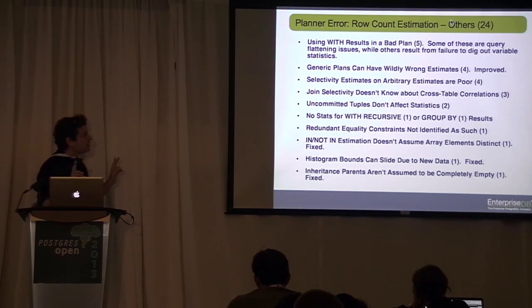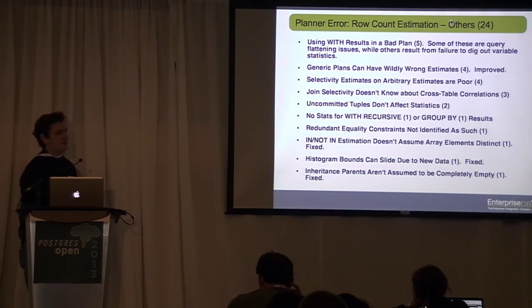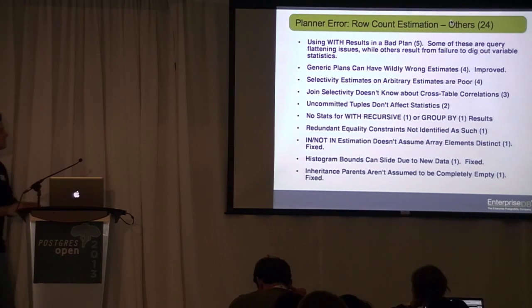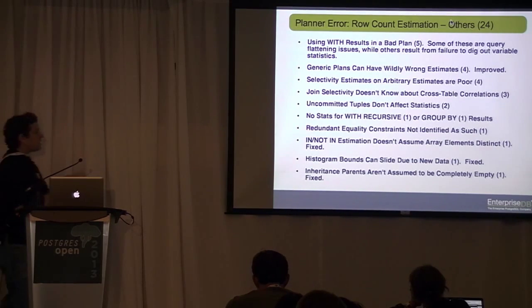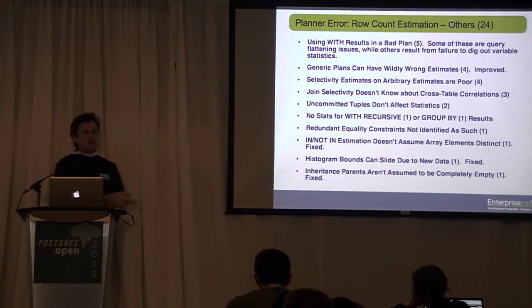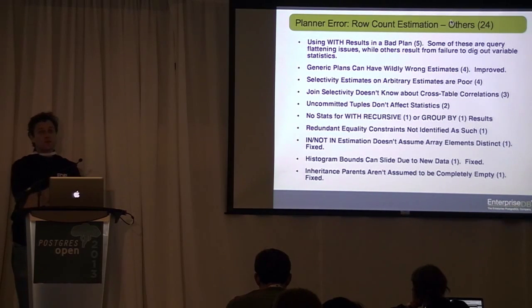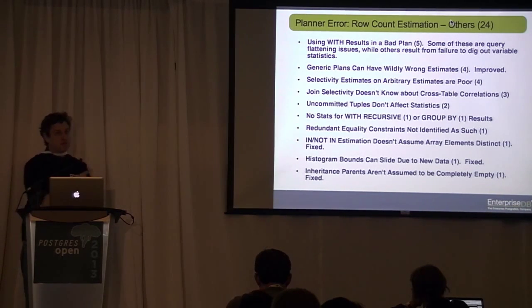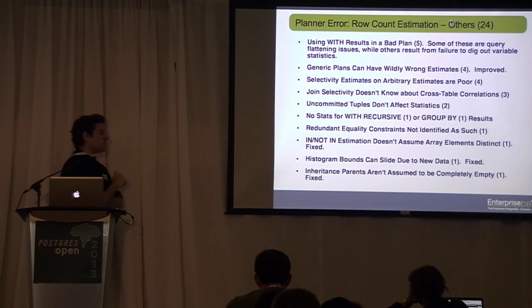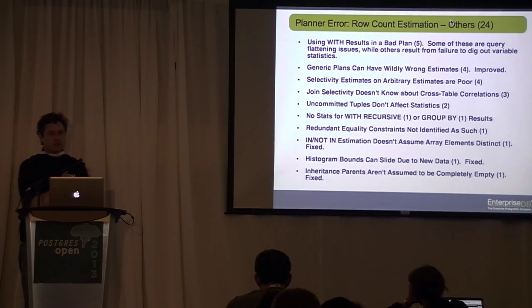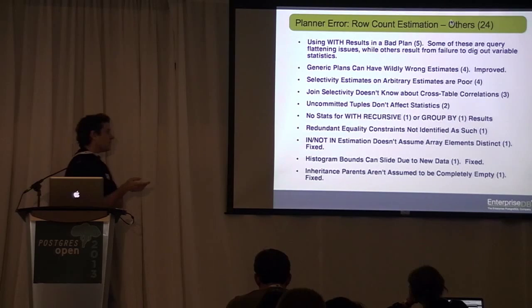This has been improved, and I use the air quotes intentionally, in 9.2. We now try replanning a few times to see whether we're getting different plans for different bind values. And if we keep getting the same plan, then we just always use that plan. And if we don't, then we keep replanning every time.